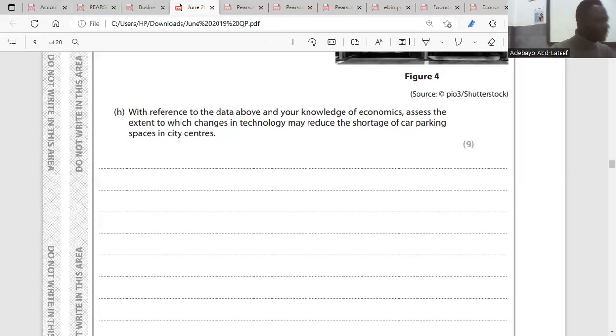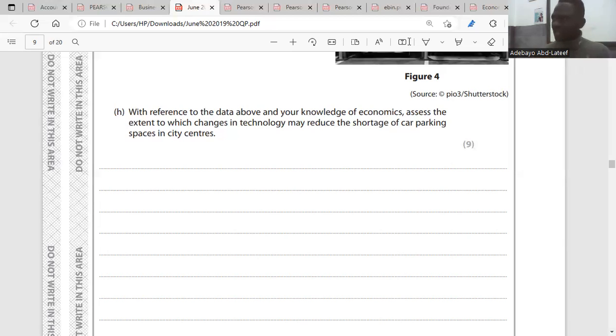So that's the first point. The second point is that even for the supply curve to shift rightward, it might take time, because when we talk about technology advancement, it takes time to put things together. So because it takes time to adjust, we might not see the supply curve shifting rightward immediately.